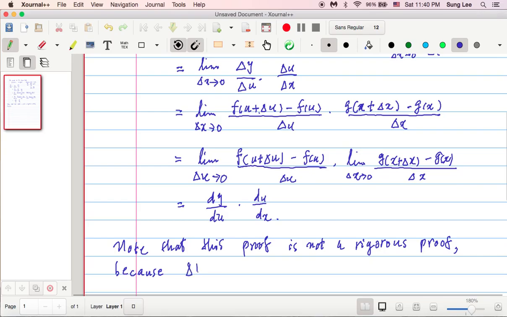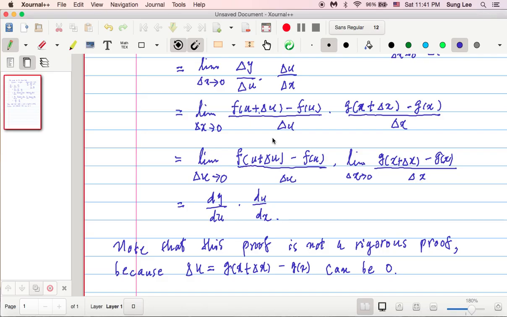Because delta u, which is g of x plus delta x minus g of x, can be zero. In that case, dividing by delta u is problematic, right?